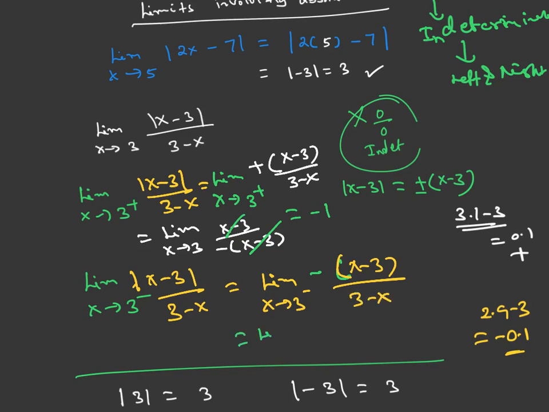If I distribute that negative on the top, you get negative x plus 3, or 3 minus x, which is the same thing. You cancel those two, and you get negative 1 on one side and positive 1 on the other. So the left side value is negative, the right side value is positive, or vice versa. Hence, this limit does not exist.